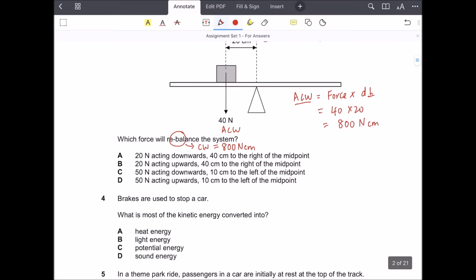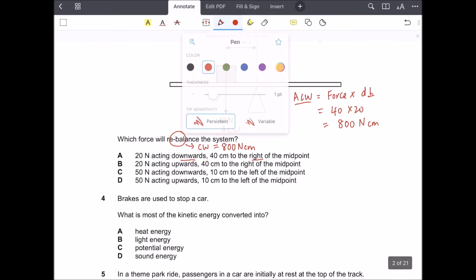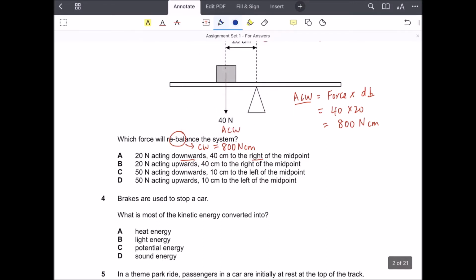If you have a force acting downwards and it is to the right, somewhere here, this would actually give me a clockwise moment. So this is clockwise moment. Similarly, if I do the same on the right, but it's acting upwards, this would give me an anti-clockwise moment, which I don't want.